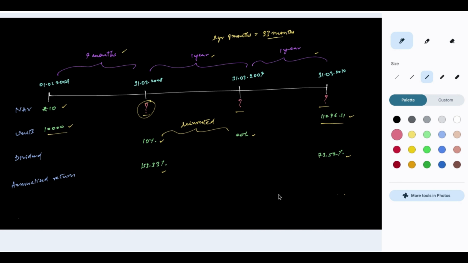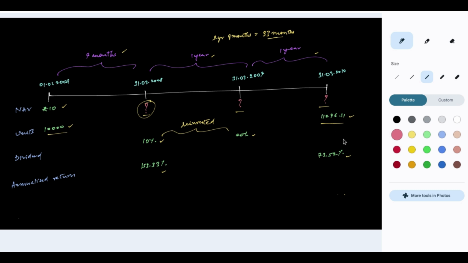Now what happened? We see that on 31/3/2009 a dividend of 20% is again paid. And on 31/3/2010 we see that the total units is 11296.11.